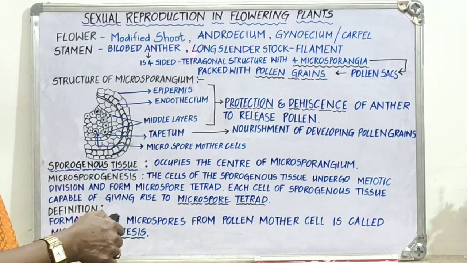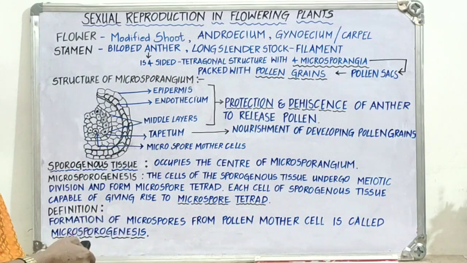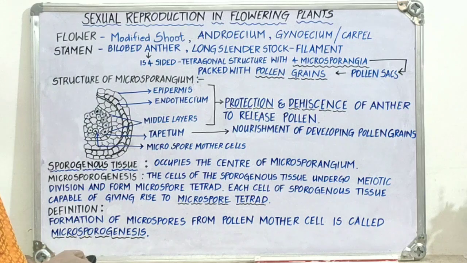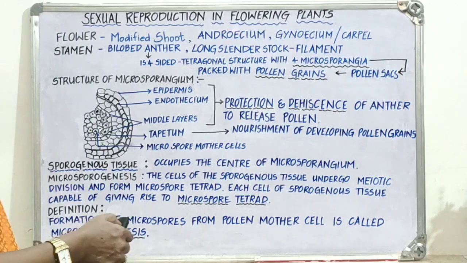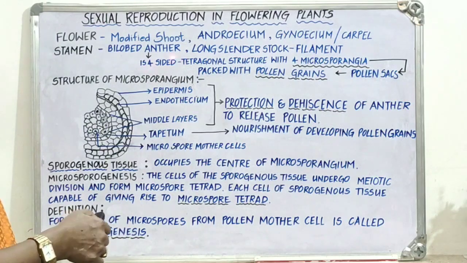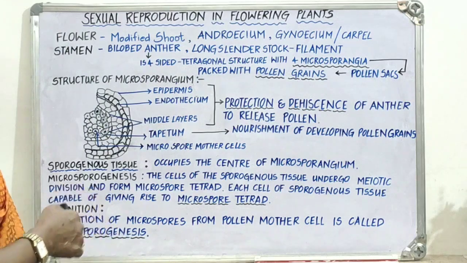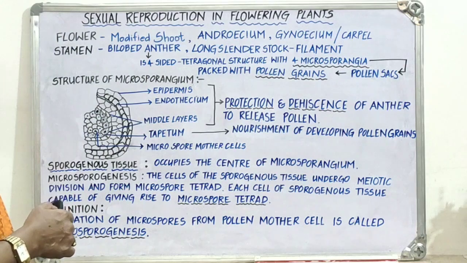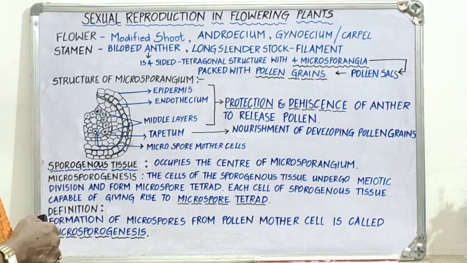Then the second part of a stamen is a long slender stalk, which is called filament. So anther and filament, these are the 2 parts of a stamen. So it represents the male reproductive part of a flower.